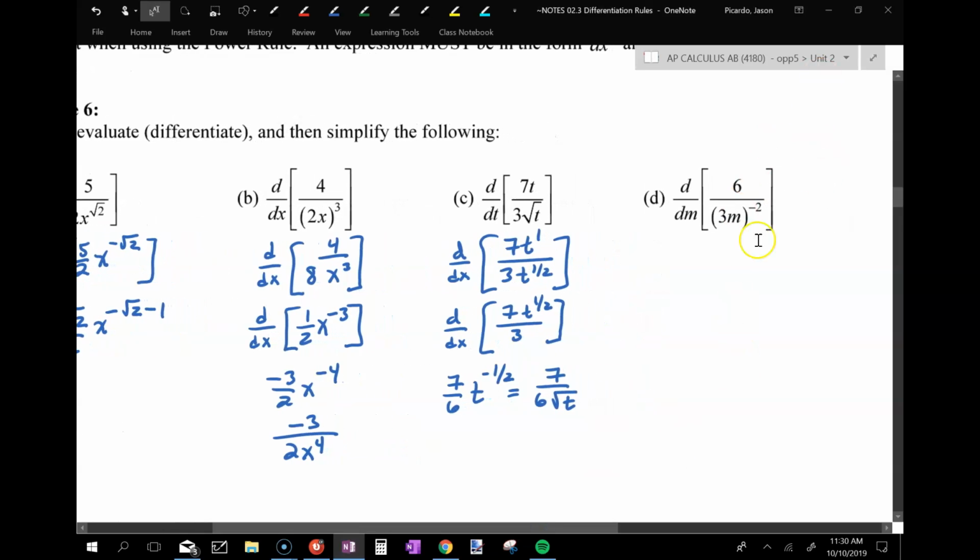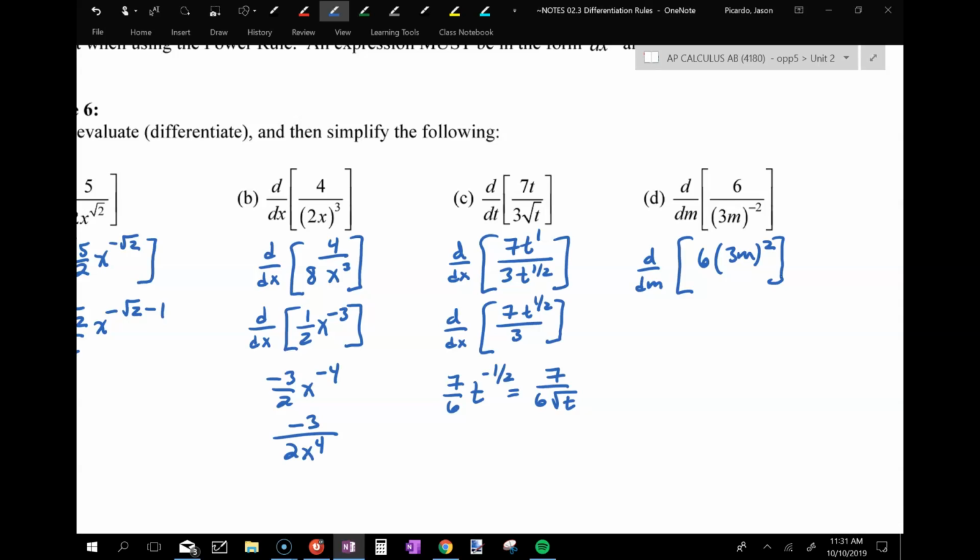Okay, how about here? Guys, this whole thing is in a negative exponent, right? If this whole thing is a negative exponent, to make it positive, I have to bring this whole thing to the top, right? So this is the same as that. That has to go to the top of the fraction, right?